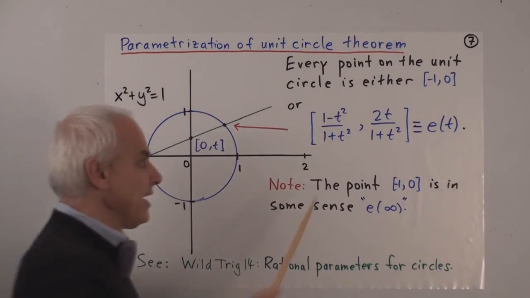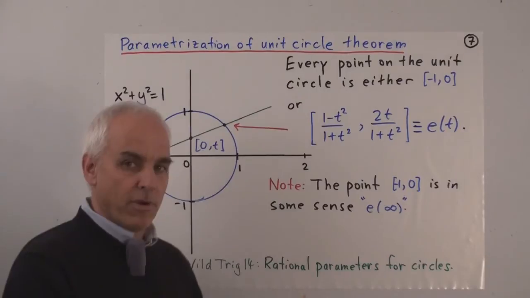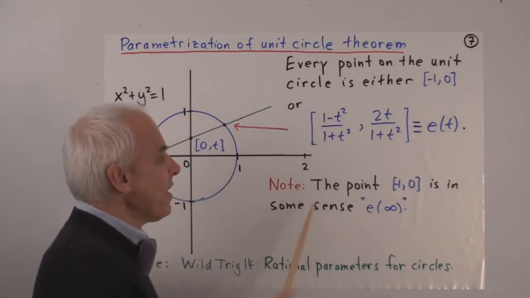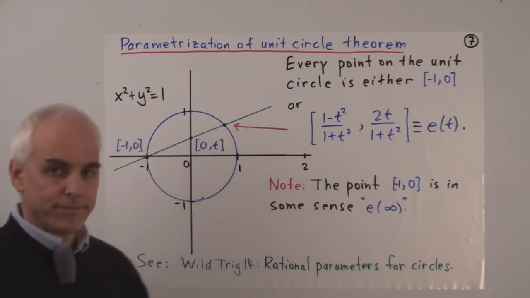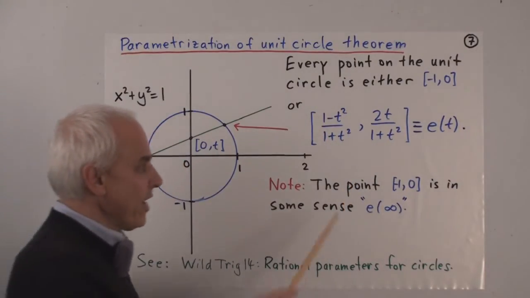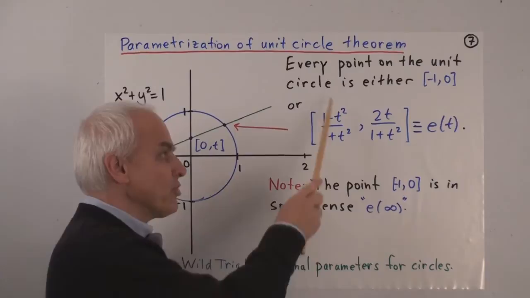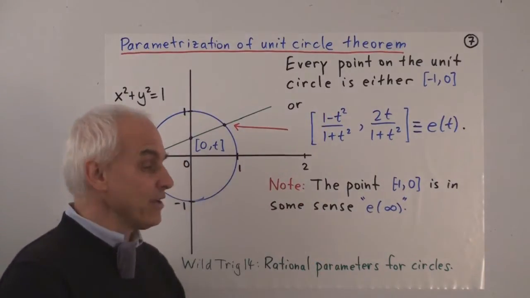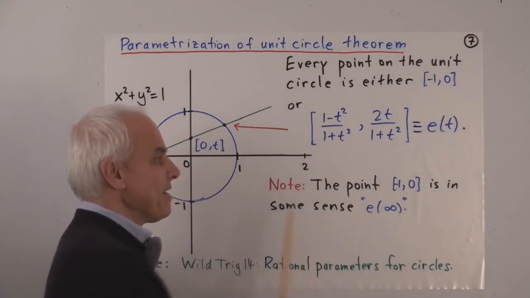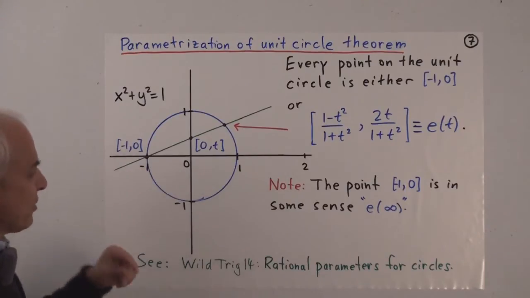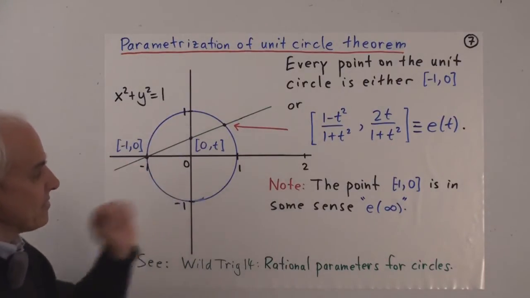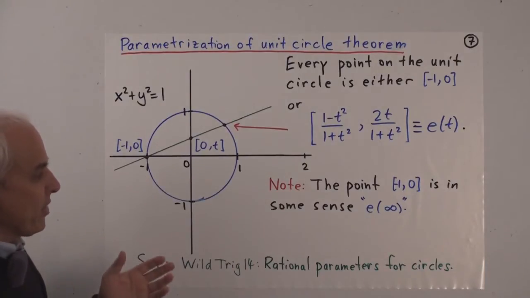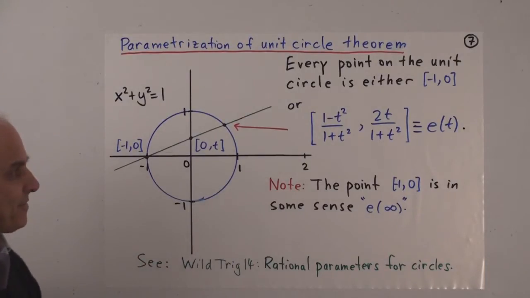If t is a very, very big number, like a million, then this is almost minus 1 and this is almost 0. So as t approaches infinity, from either the positive or the negative direction, this pair approaches minus 1, 0, and so in some sense this is also included in this framework, but with an infinite value for t.